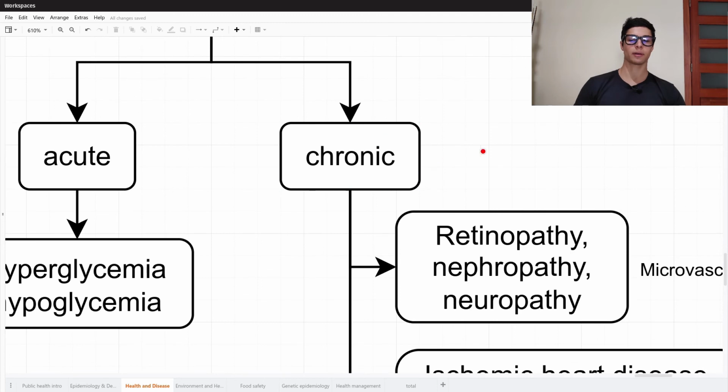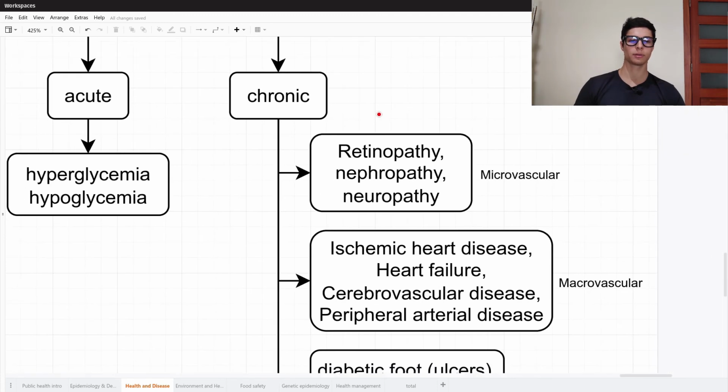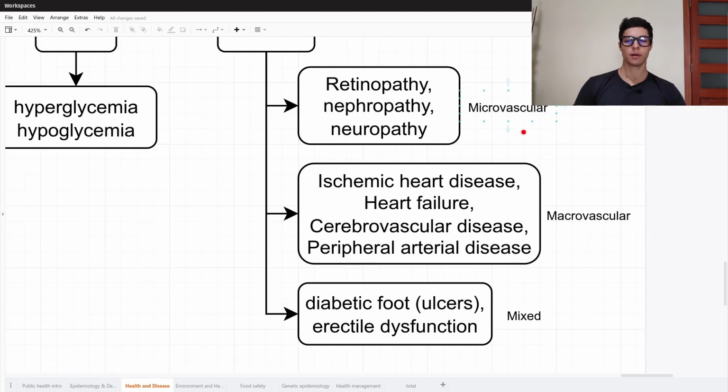And then the chronic complications, 3 types: microvascular, which means problems in capillaries, because the problem here is too much glucose in the blood. So in a microvascular level, in capillaries, we have retinopathy, which will lead to blindness, the capillaries in the eye, nephropathy, which is in the kidneys, and neuropathy in the neurons.